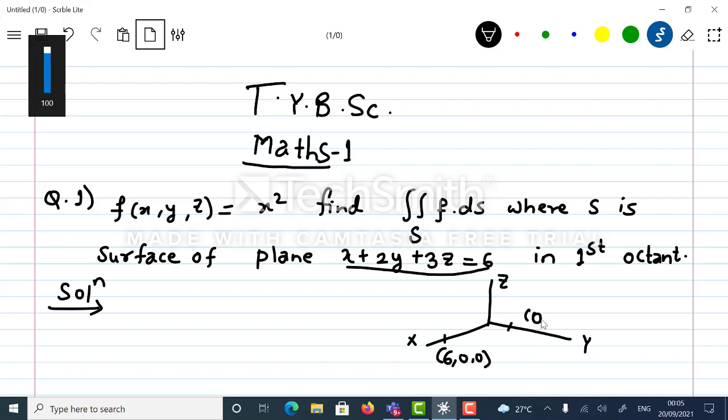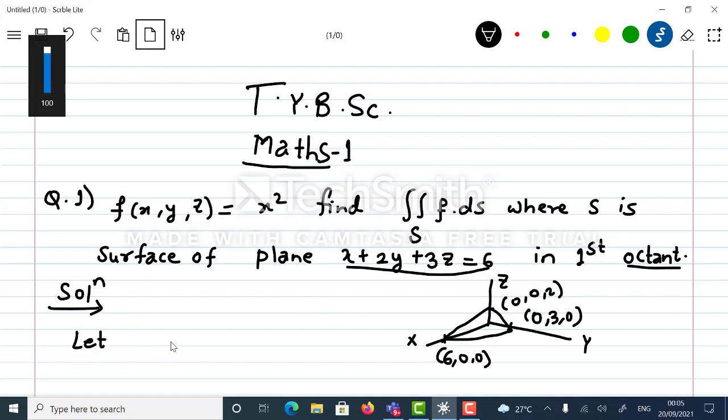Then 0, 3, 0 and 0, 0, 2. So this tetrahedron, when we say in a first octant, that means x is greater than 0, y is greater than 0, z is greater than 0. Okay, so this surface integral we have to find out.